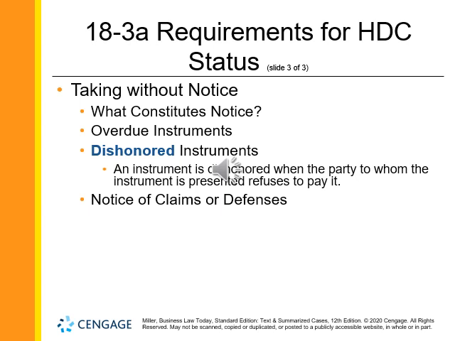Any irregularity on the face of an instrument, such as an obvious forgery or alteration that calls into question its validity or ownership, will bar HDC status. A purchaser cannot become an HDC of an instrument that is so incomplete on its face that an element of negotiability is lacking, although minor omissions are permissible.